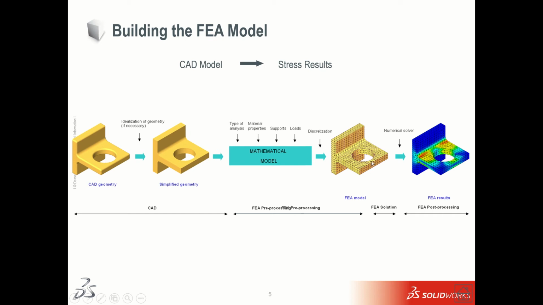After pre-processing, means after meshing, you simply run the analysis with the numerical solver, which comes under the FEA solution step. And after the solution is ready, whatever results you get from SolidWorks, you need to interpret that result and conclude from it, which comes under SolidWorks post processing. So basically, pre-processing goes up to the mesh part.